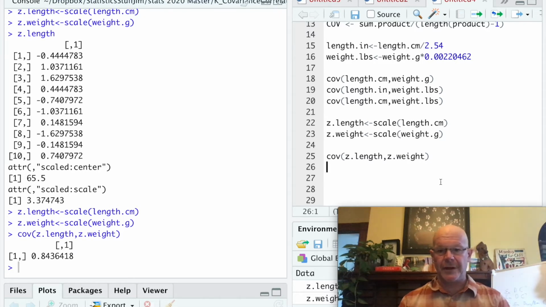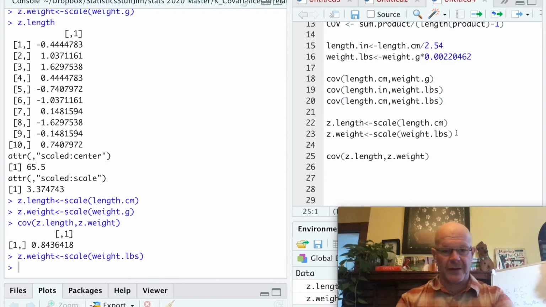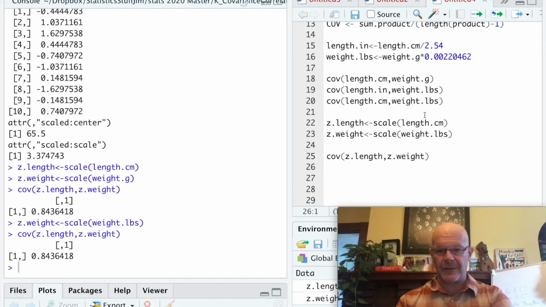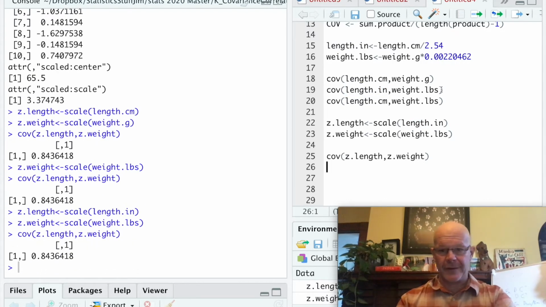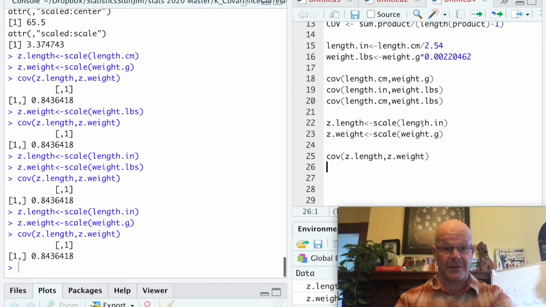And what's really nice about that standardized covariance is that we could say, well, what if we did have weight in pounds? What's that standardized covariance? It's the same thing. What if our length was in inches? Same thing. How about length in inches, weight in grams? We can mix this all up in crazy sauce town. Look at that.